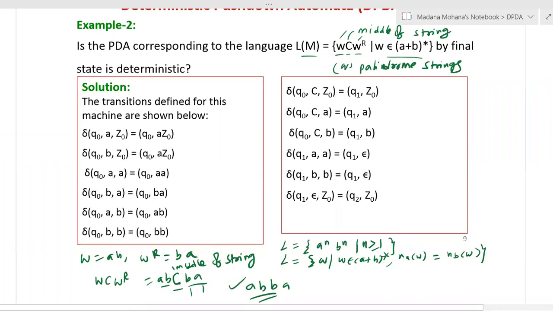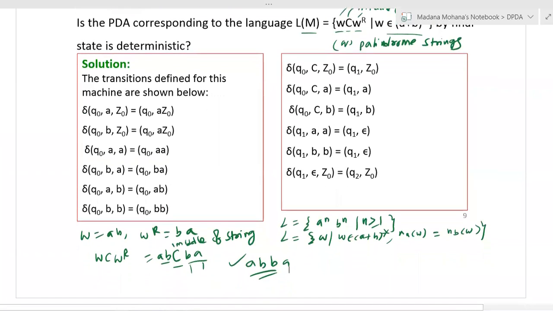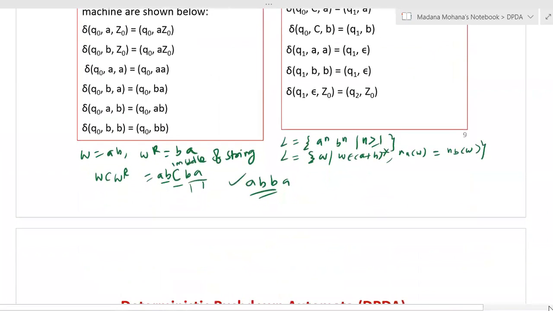Now in the palindrome language, first we are storing the original string W equal to AB, then W power R equal to BA. Now if you combine these two, including the middle of the string, you will get A, B, C, B, A. This is the first string, this is the second string.